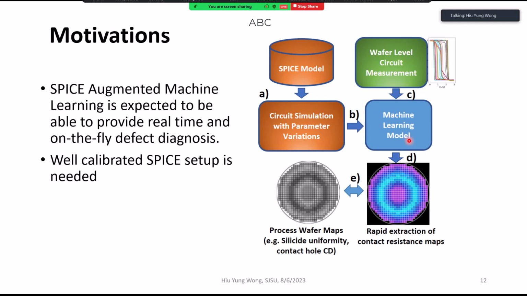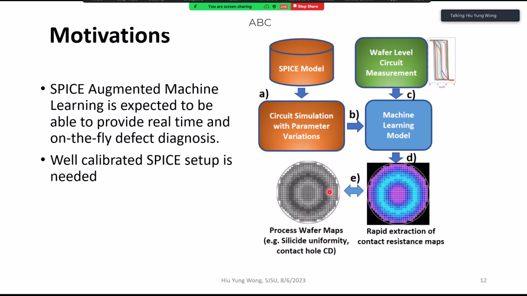And you can quickly, this is really quick, maybe it can happen in minutes, correlate your electrical measurement to some wafer map, for example, the thickness of the silicide. If you don't understand this, this is mostly a fabrication process where you metallize the source drain contact to reduce the resistance.